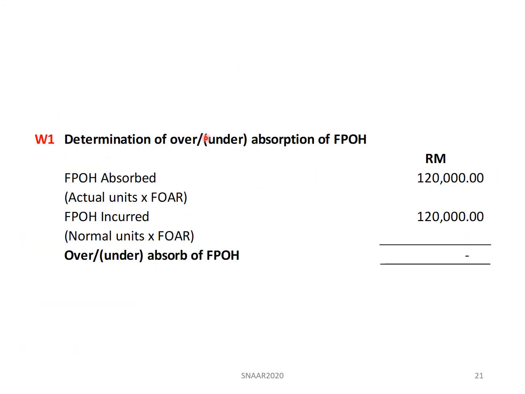This one adalah the determination of over and under absorption of overhead. So FPOH absorb, actual units produced, darab dengan FOAR. So you punya FOAR adalah 4 ringgit. Actual unit lah 30,000 kat sini.